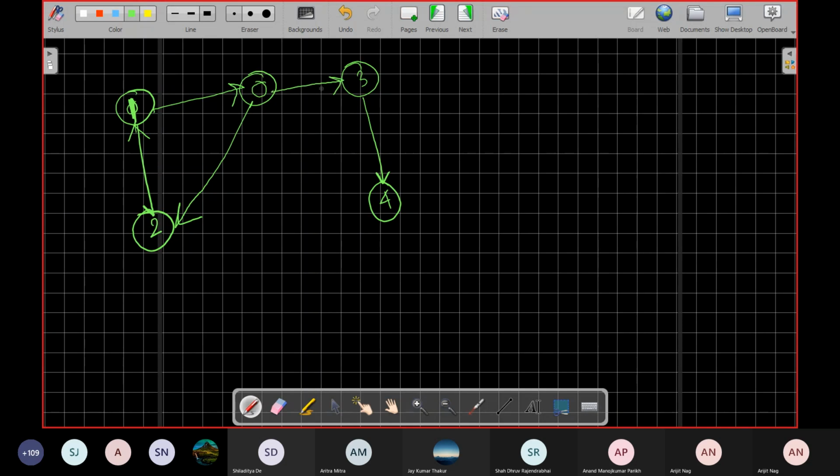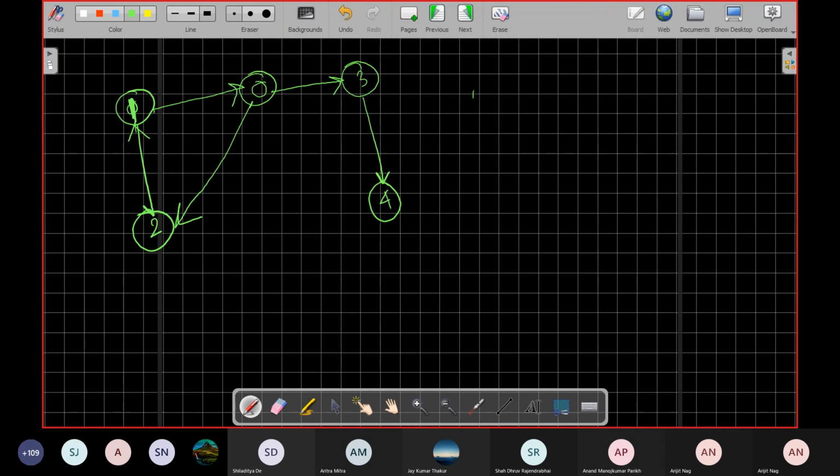If you see this graph and suppose you are starting a DFS, can you tell me the order by which DFS will go? Another thing, just think of this.